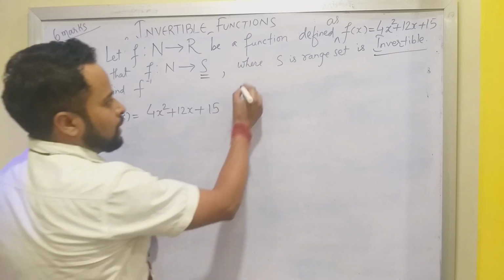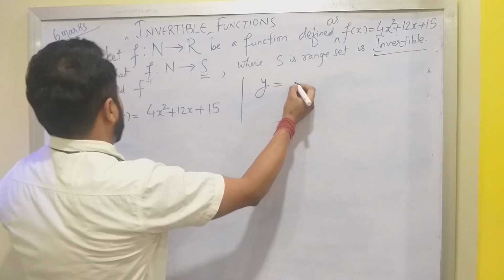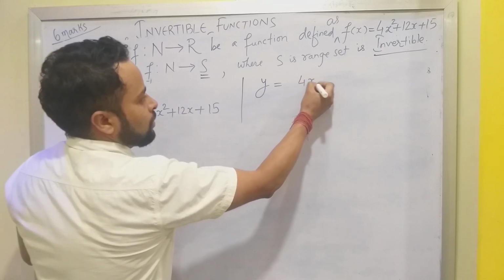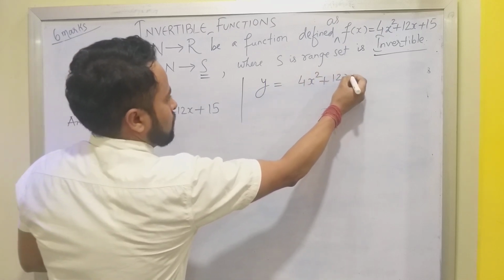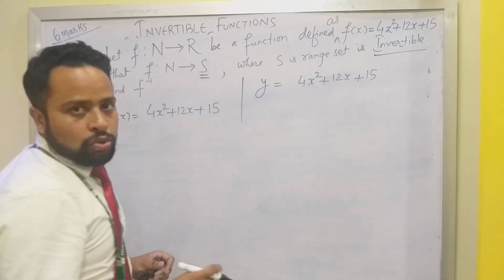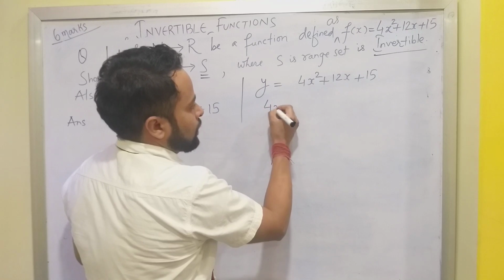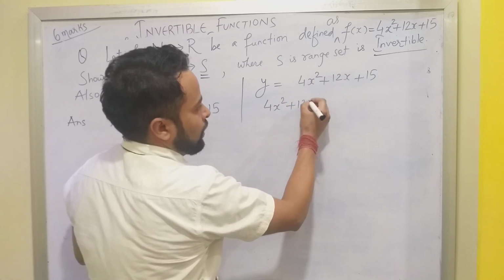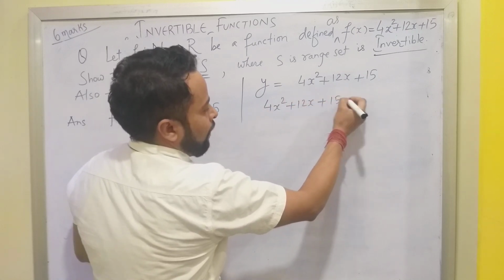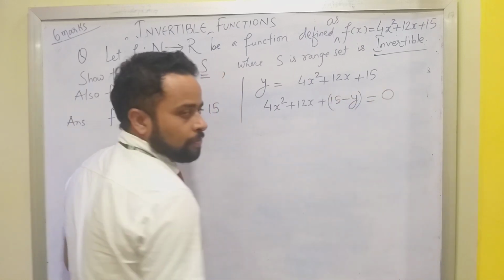So what I have said is express f of x as y, which is 4x square plus 12x plus 15. Now what you can do is convert this to a quadratic equation: 4x square plus 12x plus 15 minus y equal to 0. Fine.